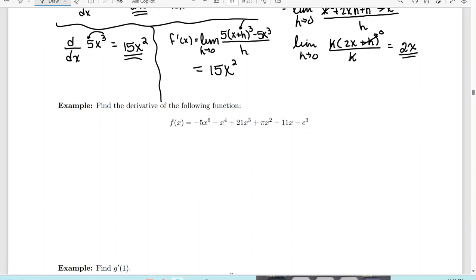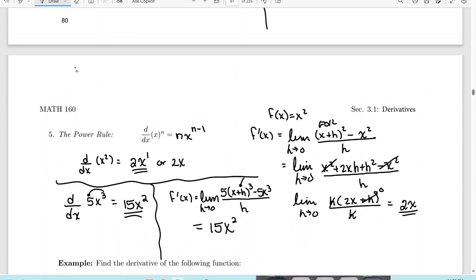So one of the things that you'll want to note is that when you're using the power rule, the variables need to be up in the numerator. If they're not, you need to move them up. How do we move them up? For example, if it's 1 over x cubed, I can move it up to the numerator and make it x to the negative 3. Once it's up in the numerator, then I can go ahead and use the power rule.